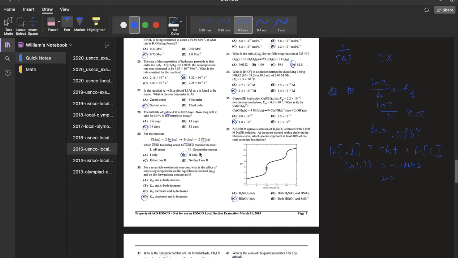Here, spectrophotometer would work because Br2, I'm pretty sure is like red or something. Cl2 might be colored, I'm not sure, but I definitely know that Br2 is colored, so a spectrophotometer would work.